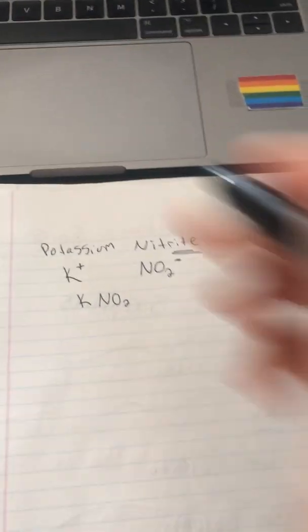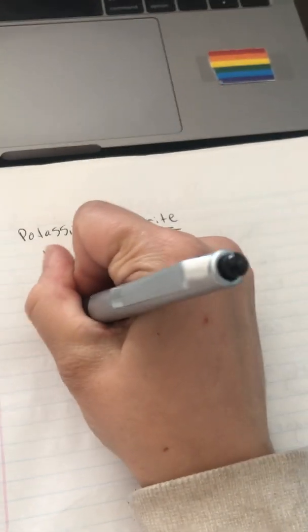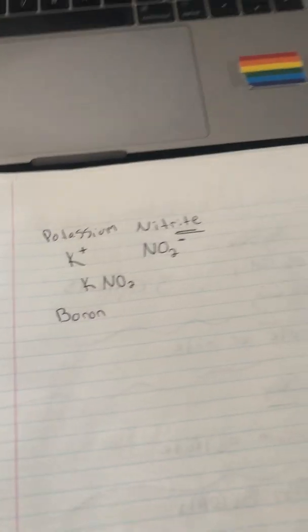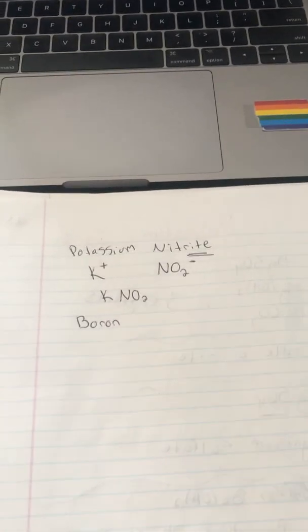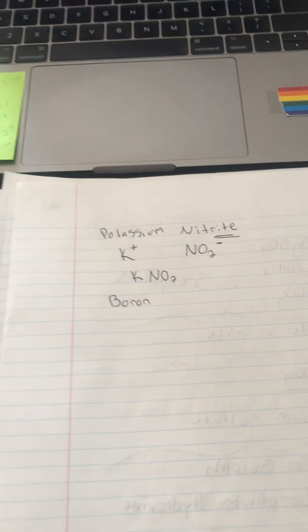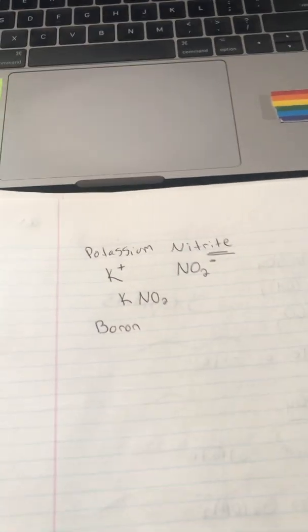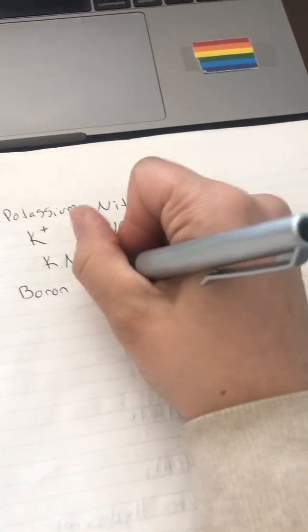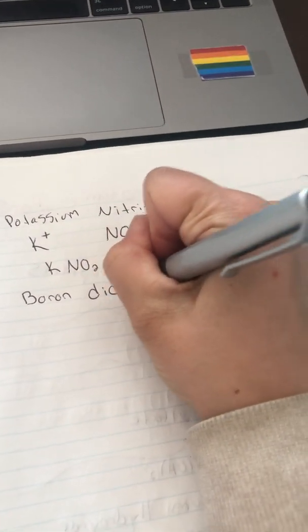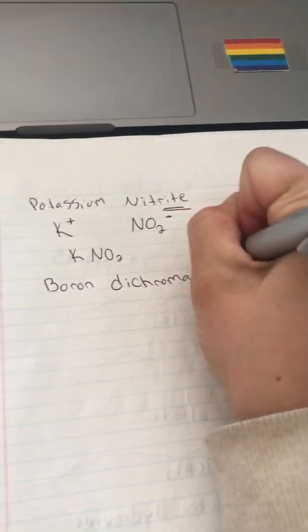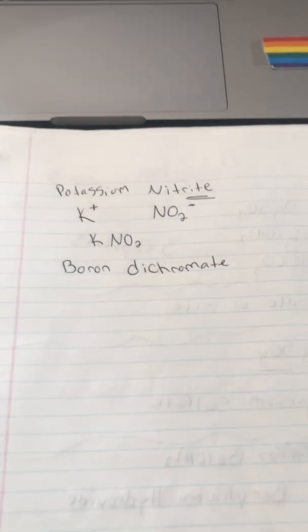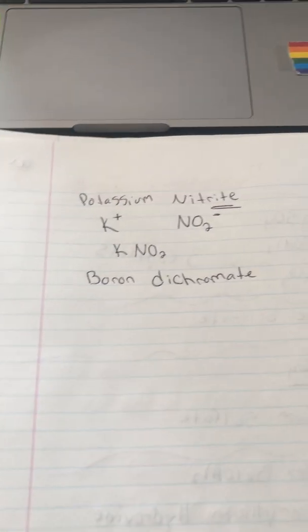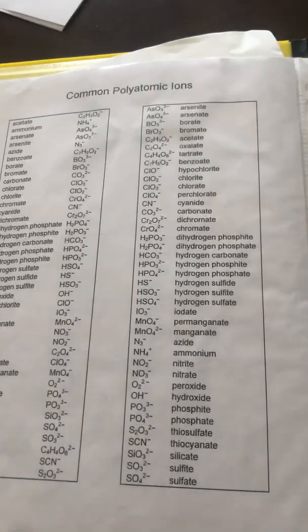Another one could be boron dichromate, D-I-C-H-R-O-M-A-T-E. Boron is one of our classic metals, but dichromate does not sound familiar, therefore it's going to be one of our common polyatomic ions.